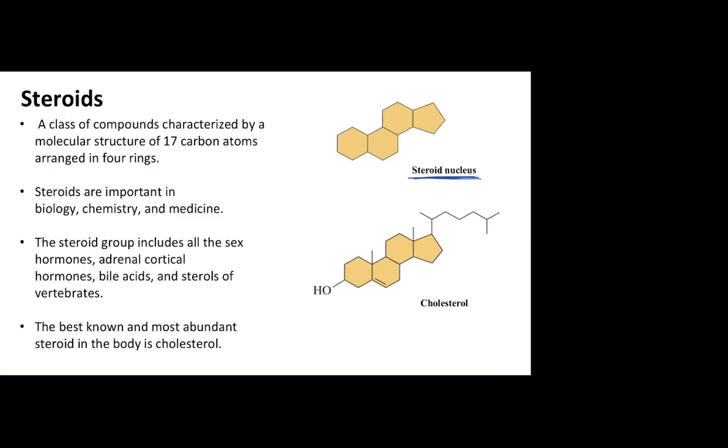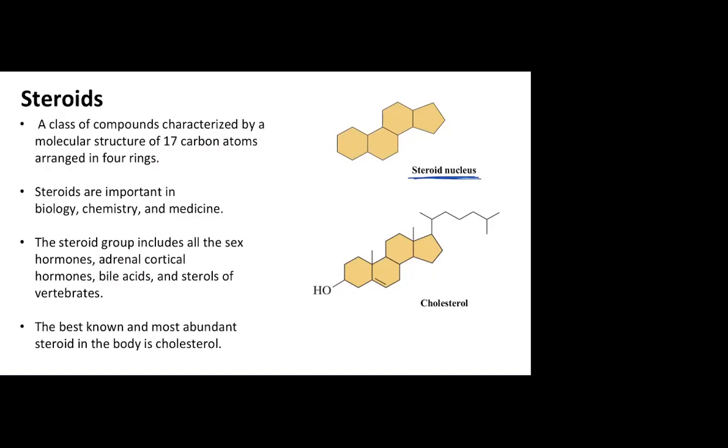Now, steroids are very important because, for example, the best known and most abundant steroid in the body, cholesterol, is an important feature of cell membranes. But understand that steroids also have other functions. They are the reactants to make sex hormones, adrenal hormones, and bile acids, which are released from the gallbladder for us to deal with fats.